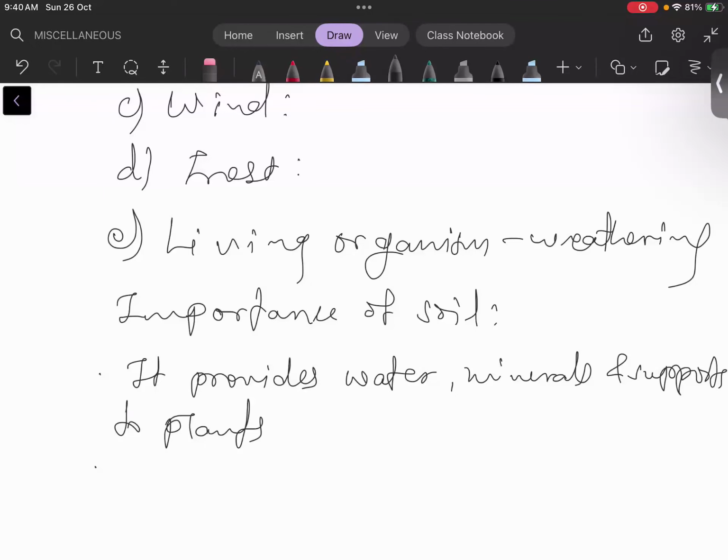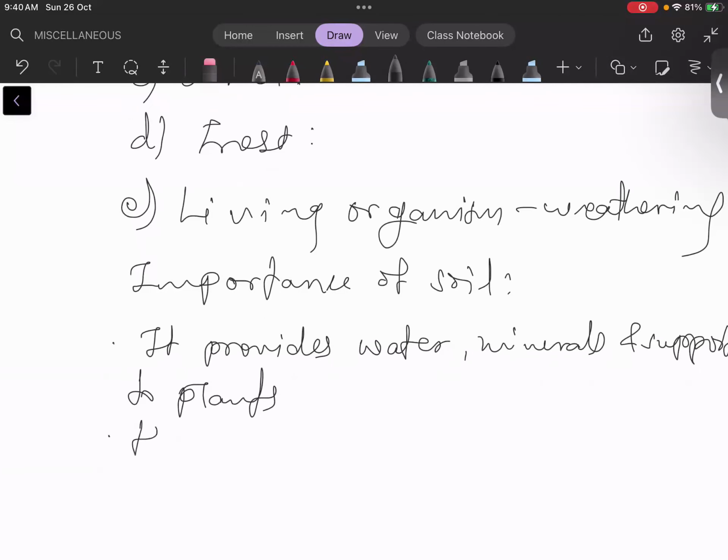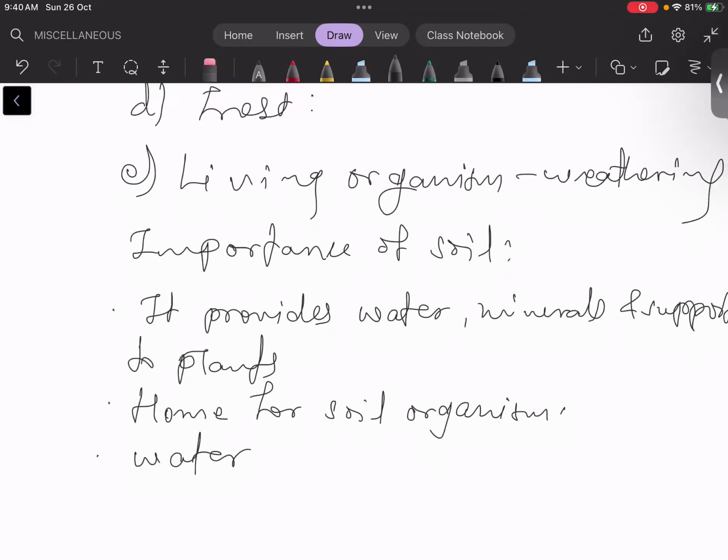The next, soil is a home for a number of soil organisms like frog, snake, etc. It acts as a home for soil organisms. Then next, soil provides water, etc. The next, soil erosion.